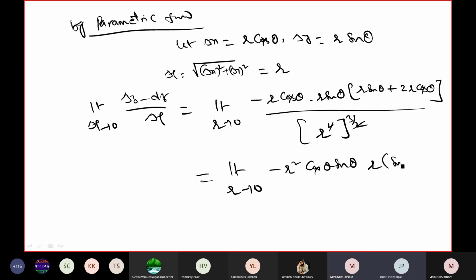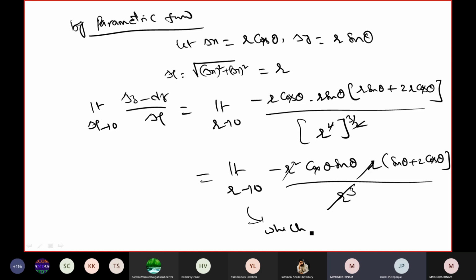Here, if we take r common, sin theta plus 2 cos theta by r cube. All r gets cancelled. So there is no r here, which is independent of r. Therefore, not differentiable. Limit does not exist.